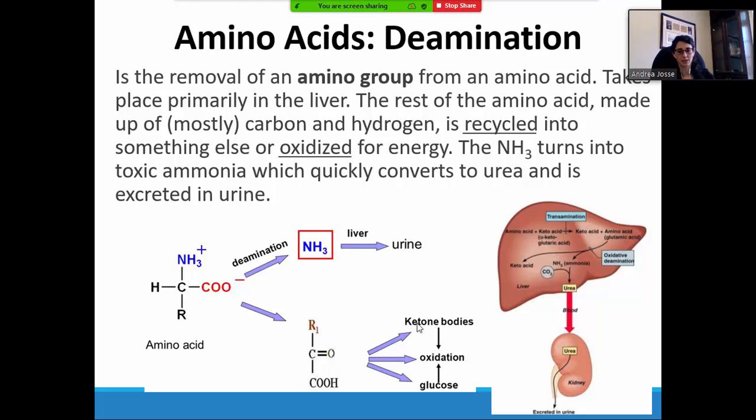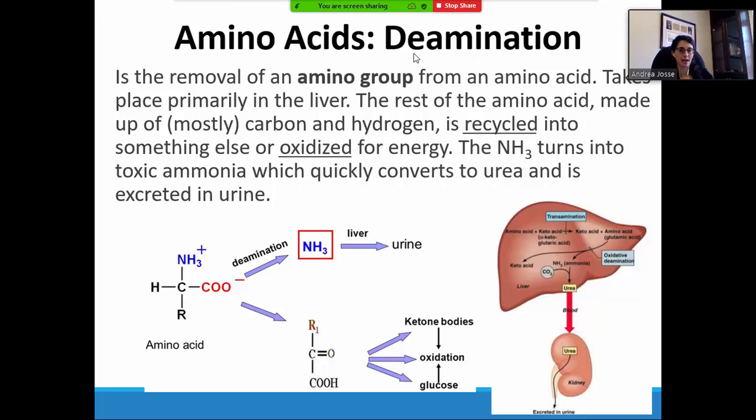In this case, we can see here to make ketone bodies, as an example, to oxidize or to create glucose. There are certain amino acids that are ketogenic, and there are certain amino acids that are glucogenic. And so, this is one of the ways in which we can use amino acids to make other molecules.